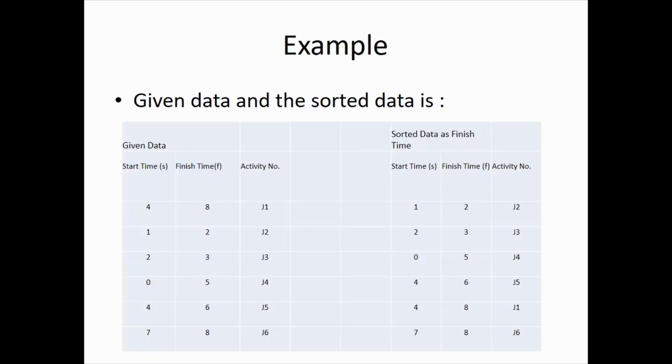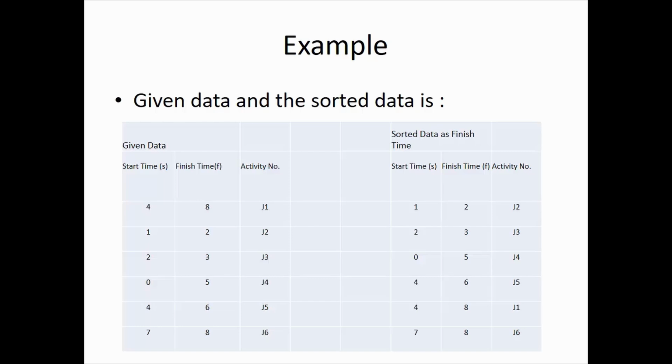Let's discuss the previously discussed algorithm with an example. On this slide we have two data tables, one on the left side and the other on the right side. The data on the left side is the original data given. Here we have six jobs named J1, J2, J3, J4, J5, J6, and each job has its start time and finish time.